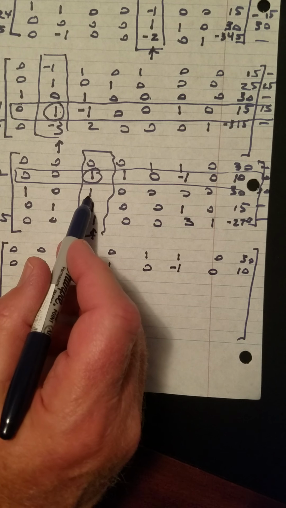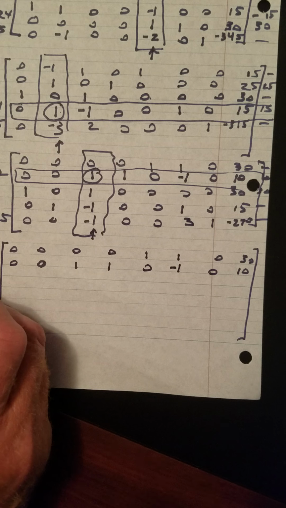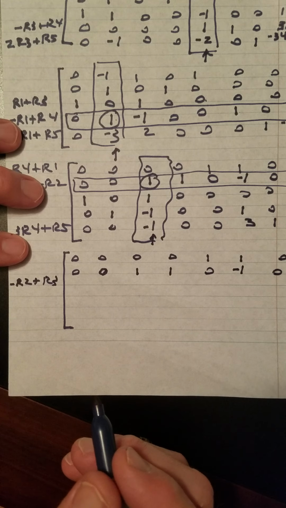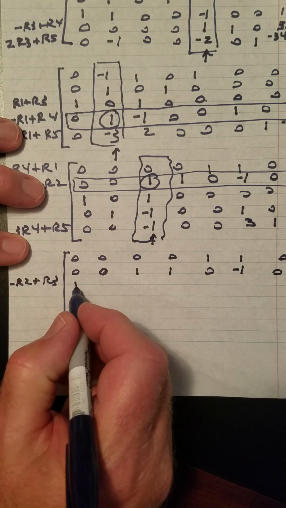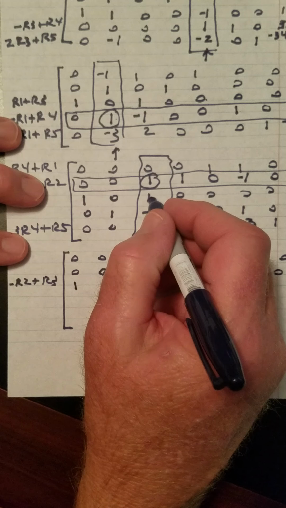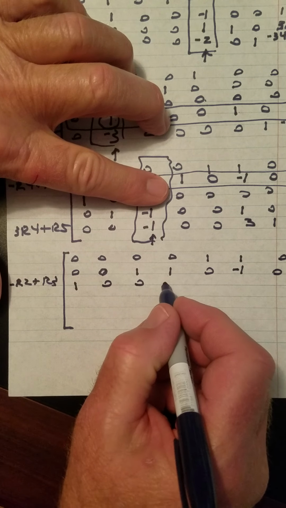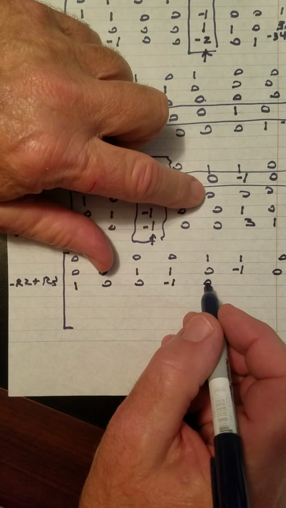Okay, now I have to get a 0 here, so I'm going to take negative row 2 plus row 3. 0 and 1, 1. 0 and 0, 0. Negative 1 and 1, 0. Negative 1 plus 0 is negative 1. 0 and 0 is 0.